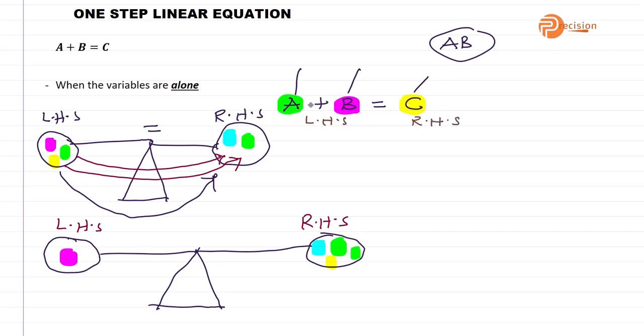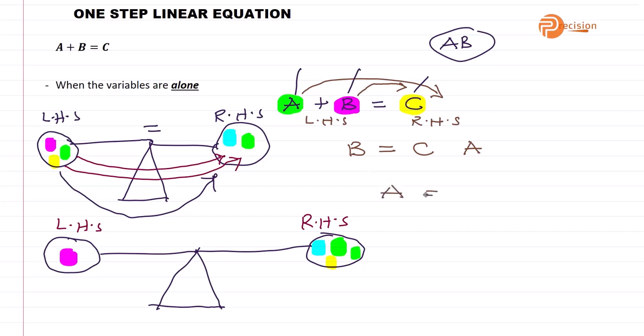Assuming we are asked to move A to the right hand side, which means move A to this other end, thereby leaving only B, what we are going to have at the end of the day is that we are going to be left with B is equal to C and A. But assuming we are asked to move B to this other end, what we are going to be left with is what?